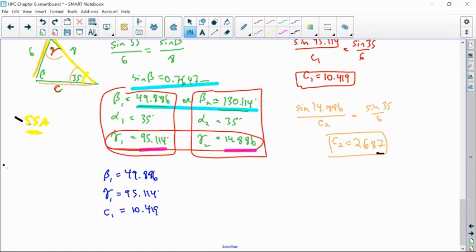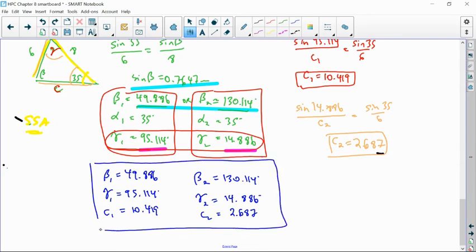Then in my second triangle, my second beta was equal to 130.114 degrees, my gamma was equal to 14.886 degrees, and my C2 was equal to 2.687.